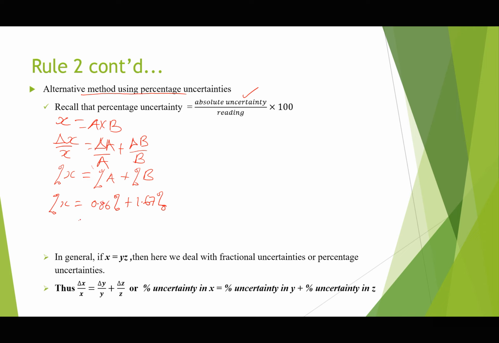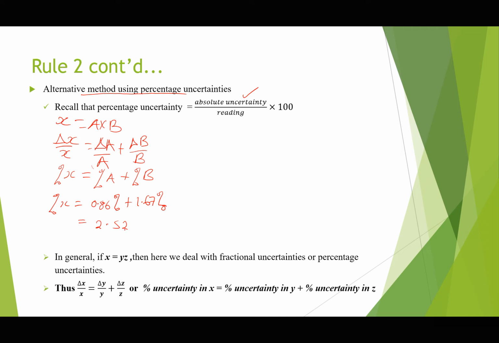And when you press your calculator there, it will give you approximately 2.5. Without premature rounding off, it is 2.54.